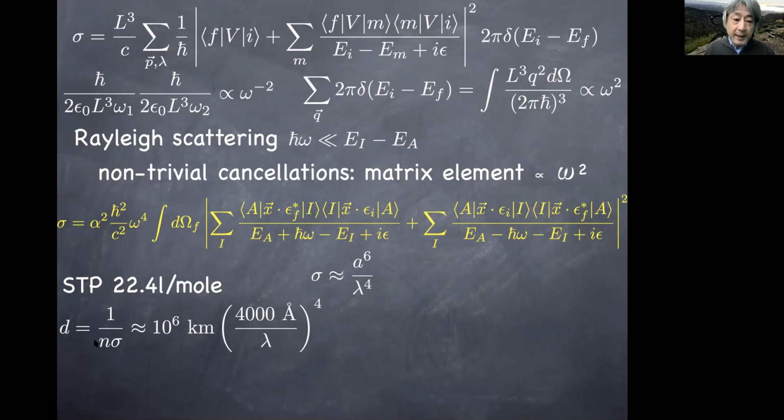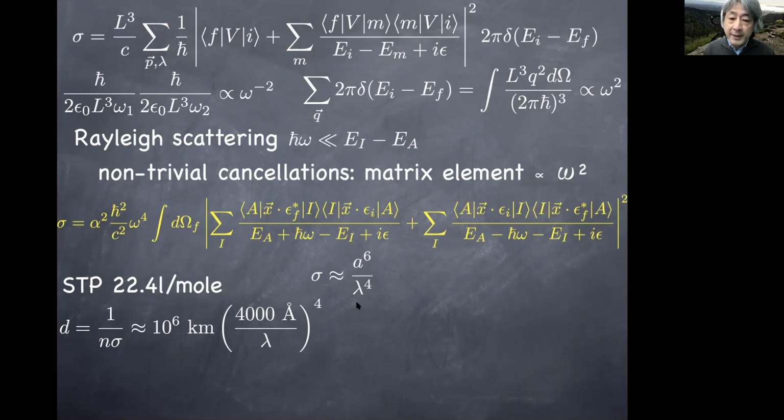So by knowing the density, you can estimate this mean free path by substituting in this estimate for the cross-section given by the Bohr radius to the 6th power over the wavelength to the 4th power. I estimate that for the typical wavelength of visible light, like 4,000 angstrom, sort of a yellow light, and we know it's 4th power.